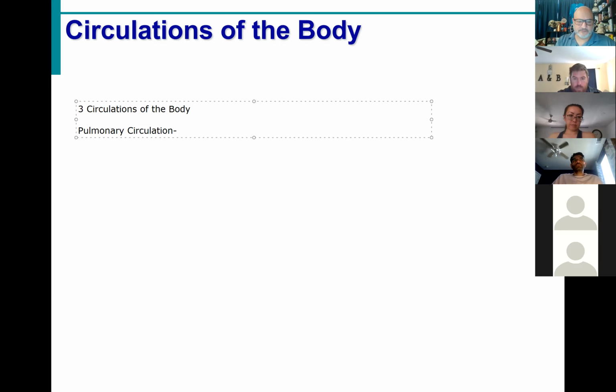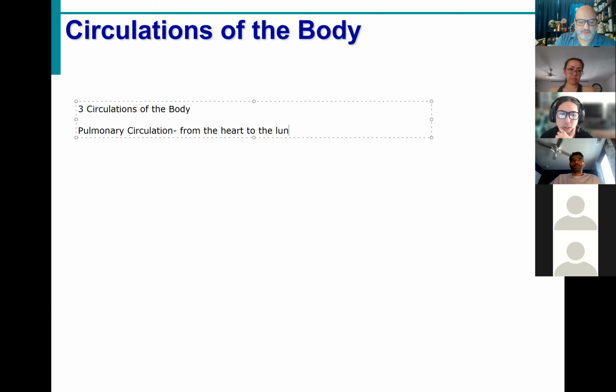Starting from where? Wherever you choose. I guess the heart, since the heart's the one doing the pumping. To the lungs, and then back to the heart. There you go. Excellent. From the heart to the lungs and back to the heart.